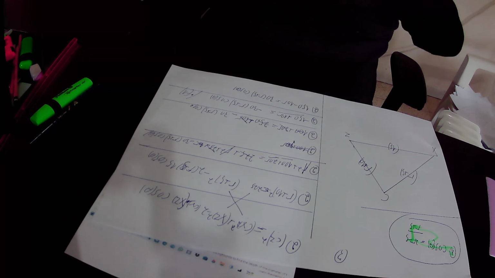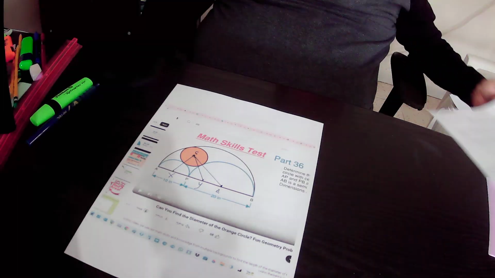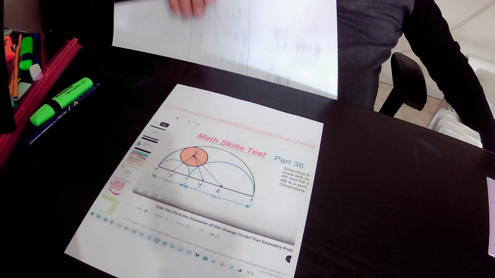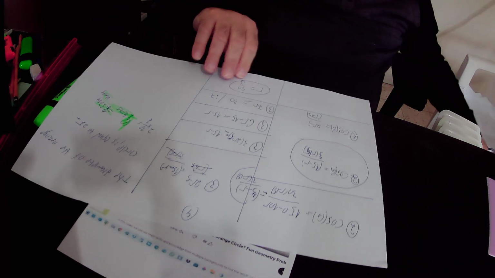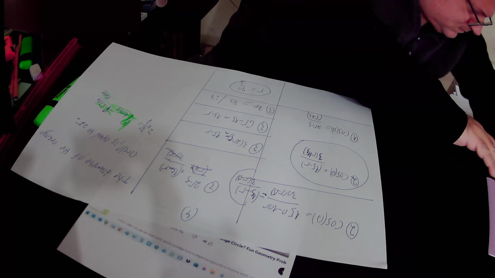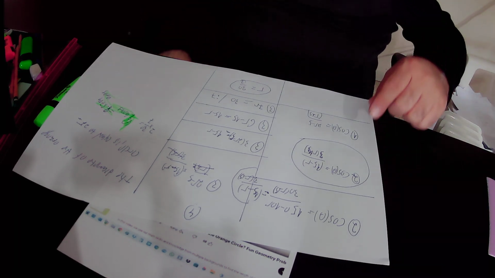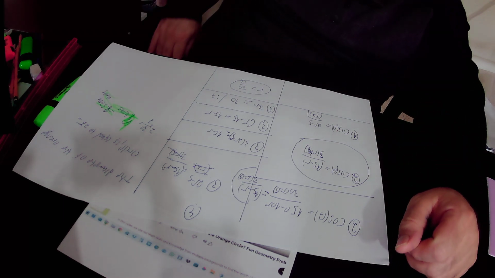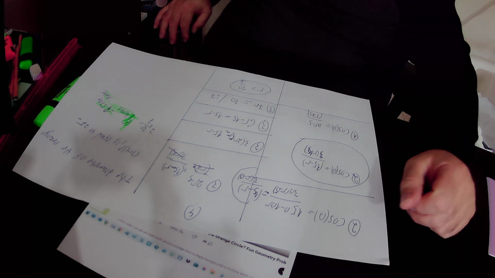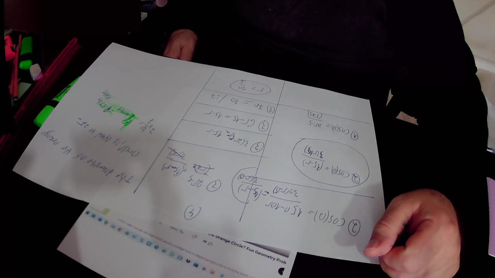Here we divided equation number 2 by 30 times (r plus 5), and we got that, according to equation number 2, cosine theta equals 150 minus 10r over 30 times (r plus 5).